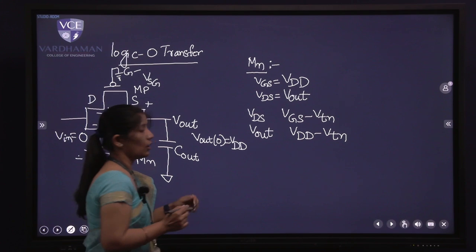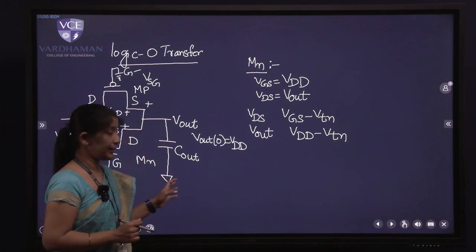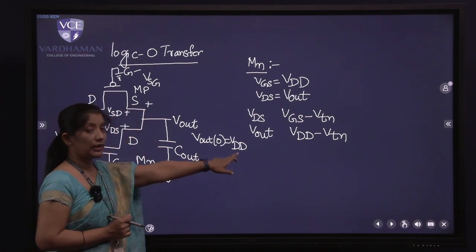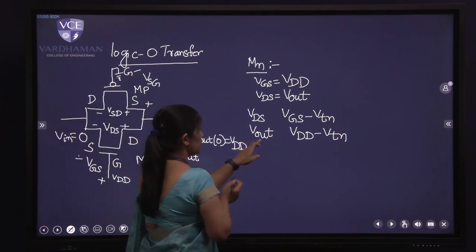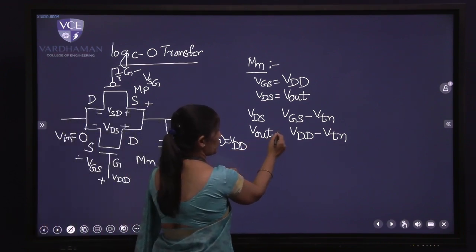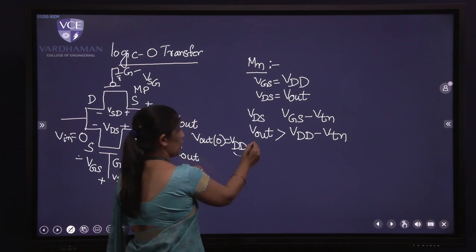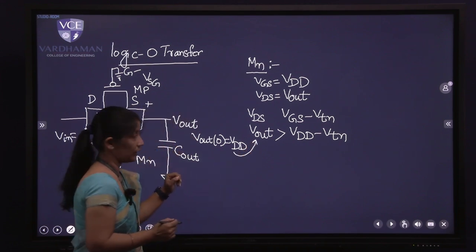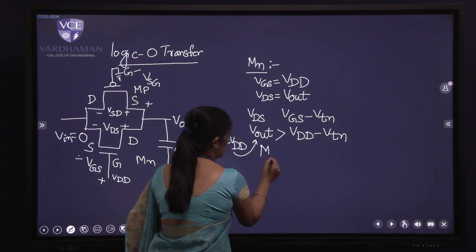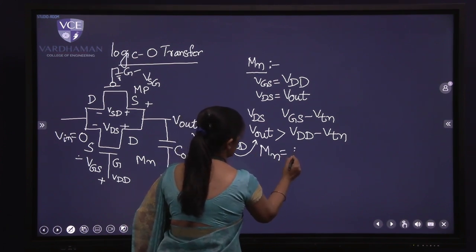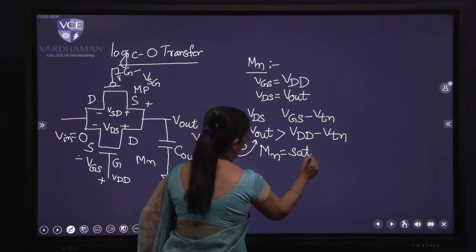Now to find out what is the operating region of my transistor, V out, initially it is starting from VDD and slowly it is decreasing. So obviously V out is a greater value when compared to VDD minus VTN because it is starting from a higher value. Because V out is greater than this term, I say that your MN transistor is in saturation region.